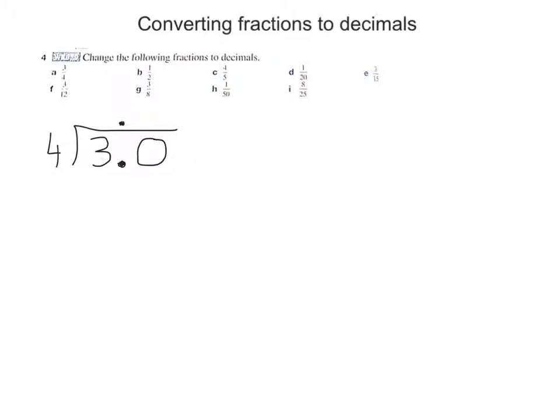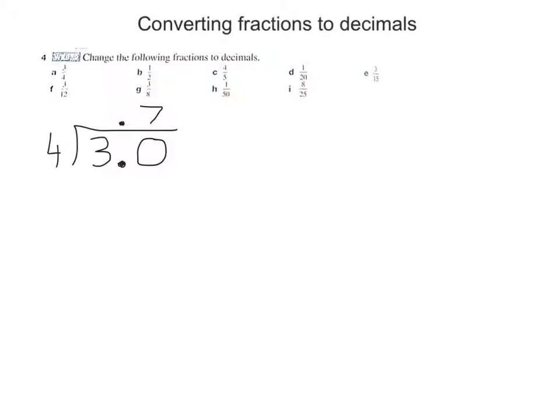Okay, so now we ask the question, how many groups of 4 go into the number 30? We know that 4 times 7 is 28. So that means that 4 goes into 30 equally 7 times. So we write the number 7 up here.